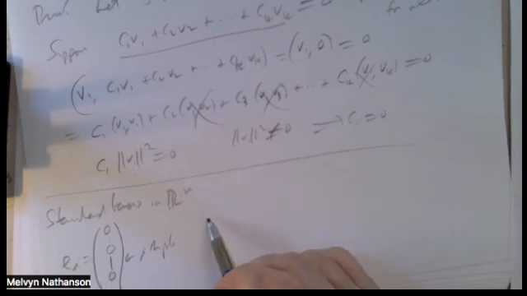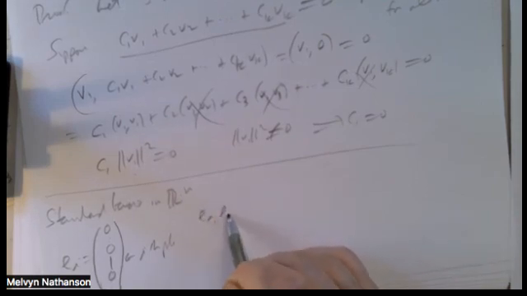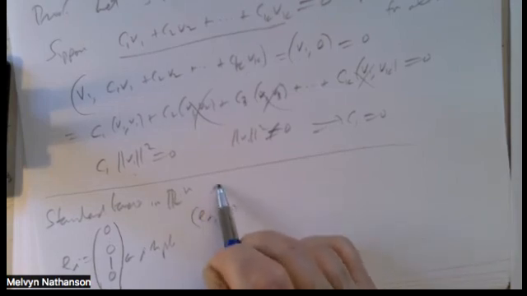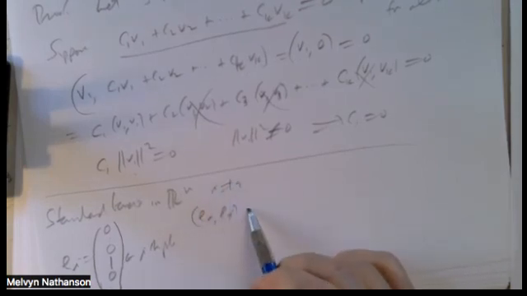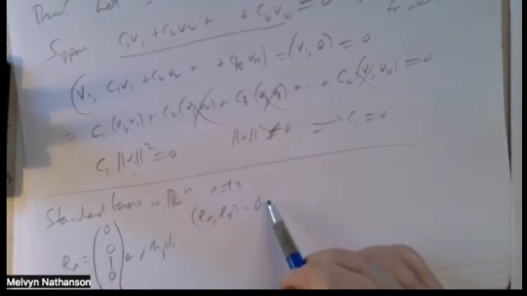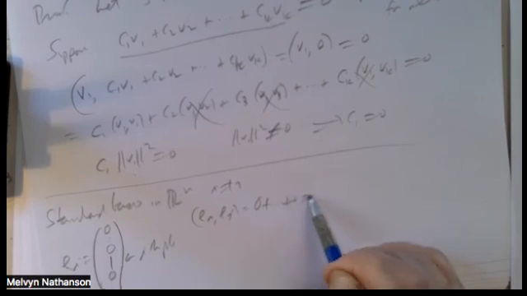If I take the inner product of Ei and Ej, for i different from j, I have one vector, and my other vector is zeros and a 1, but in a different place. I'm just going to get 0.